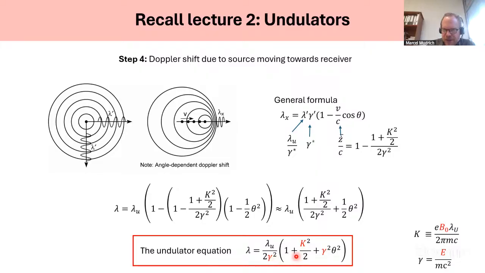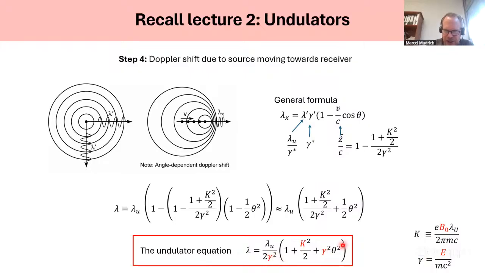And then there is an additional correction factor, K squared, and this is where the magnetic field comes into play. So by tuning the magnetic field, mostly by opening and closing the gap between the permanent magnets in the undulator, we can control this K parameter, and in this way also tune the wavelength, which otherwise is given by the energy entering in the Lorentz factor in the leading term.